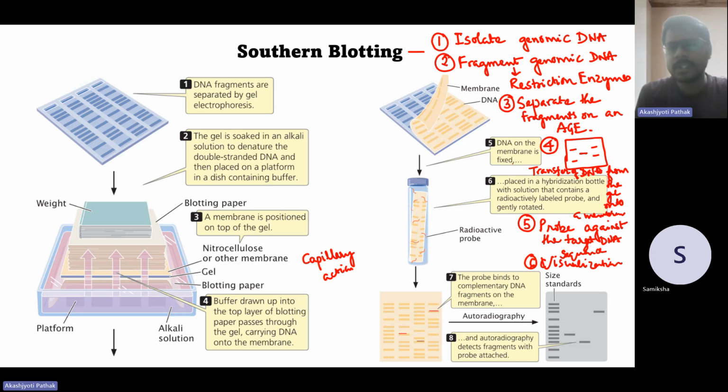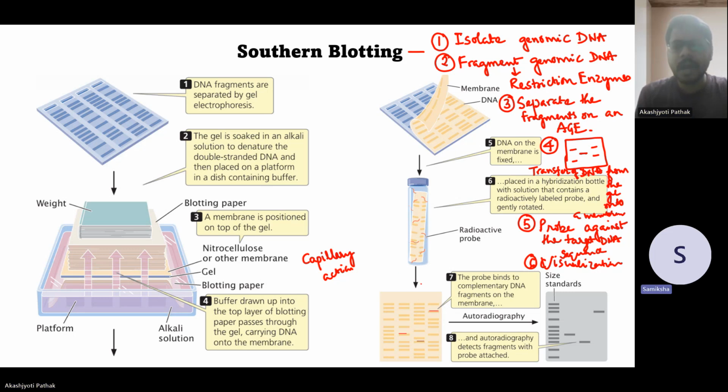So what is done? The DNA on the membrane is fixed. Before this, the DNA is fixed on the membrane by placing it in an ultraviolet chamber where high ultraviolet light is passed, and the DNA gets fixed on the membrane. Then this membrane is placed in a hybridization bottle with solution that contains radioactively labeled probe and gently rotated.